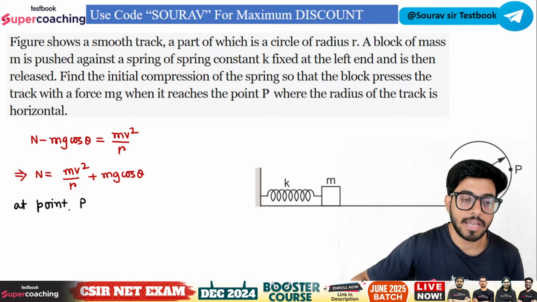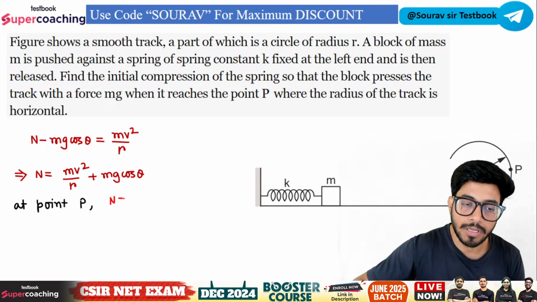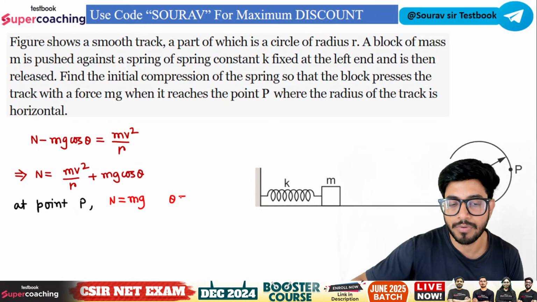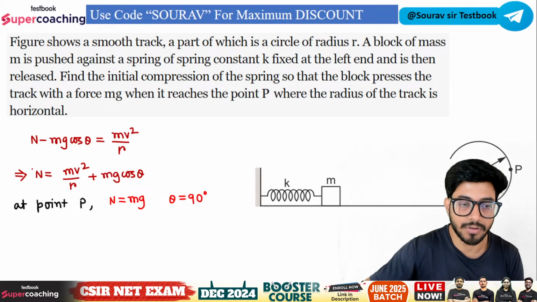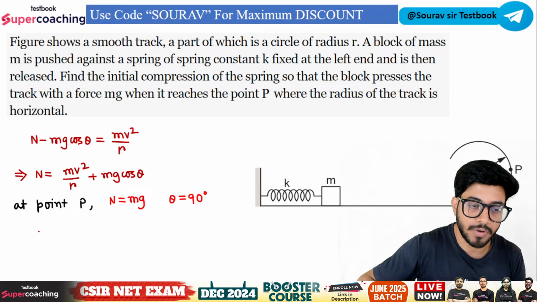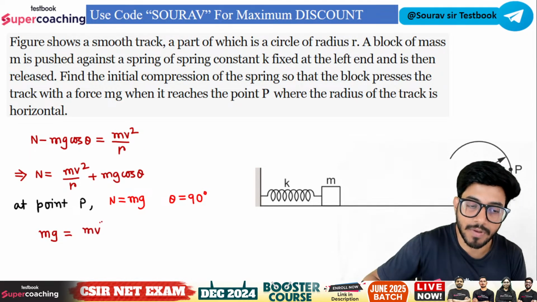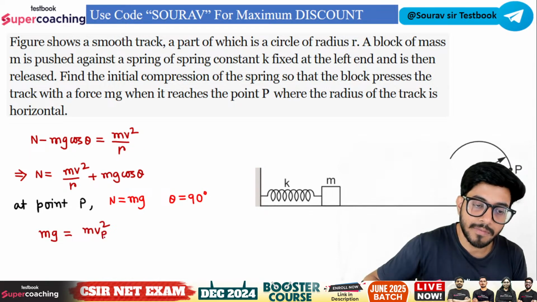At point P, N has been mentioned to be equal to mg in the question, and theta we know is 90 degrees. Therefore, cos 90 is 0 and N is mg, so mg is equal to m vP square by r.